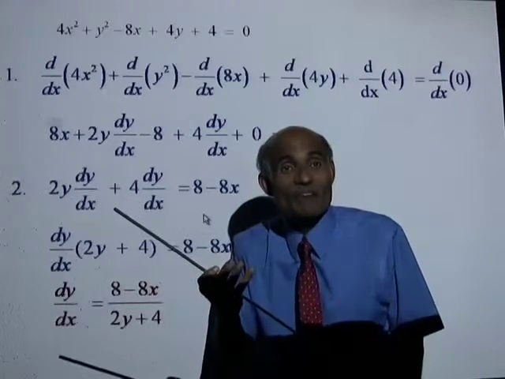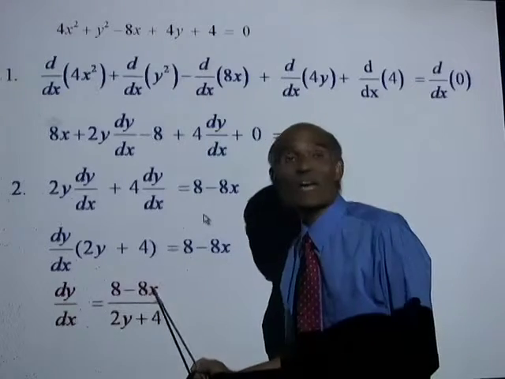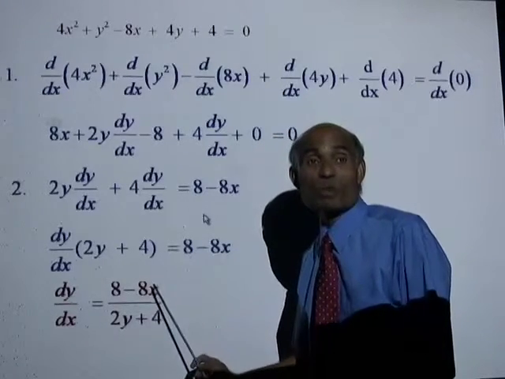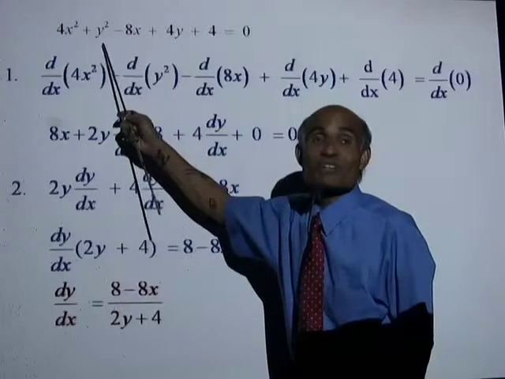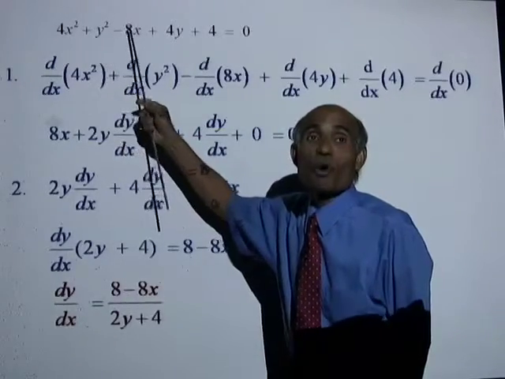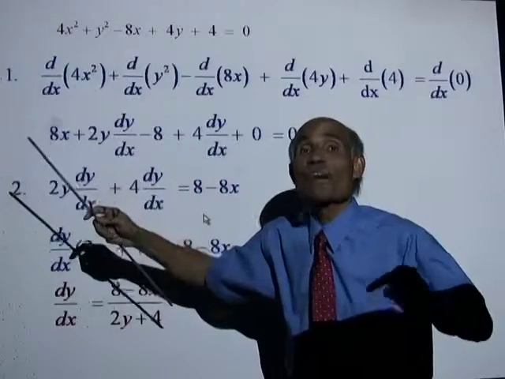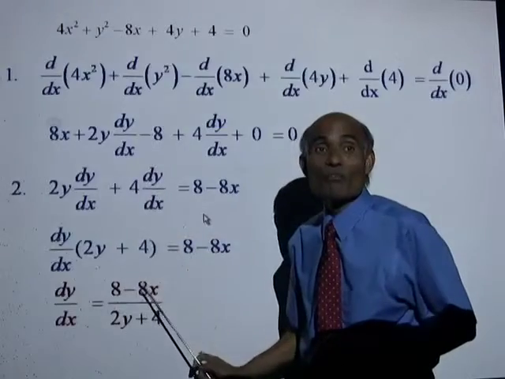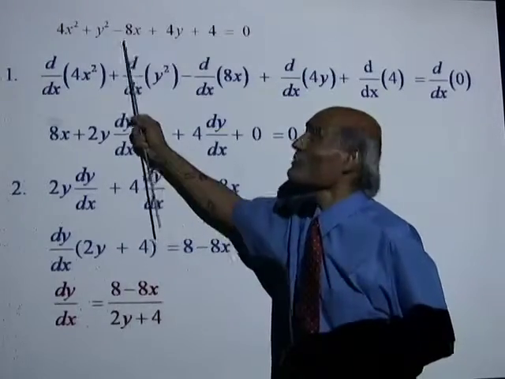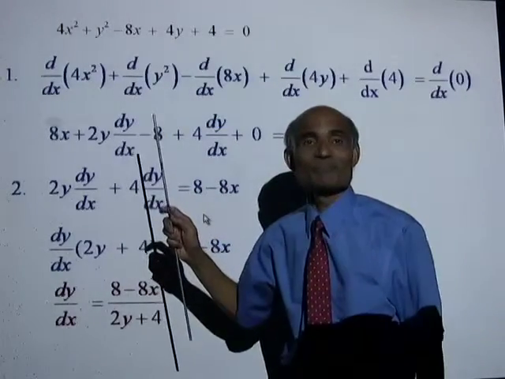But x is not enough. We need x and y. That means once you get the value of x, take it over to the equation and find the corresponding value or values of y. You can see because there is a y squared term there, for each x there will be 2 y values. That's right.